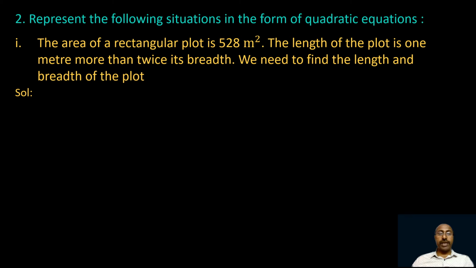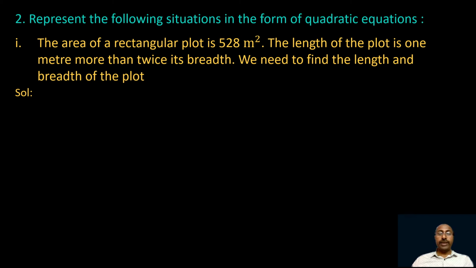So in this question, it is given that the area of a rectangular plot is 528 meters square, and also given that the length of the plot is 1 meter more than twice its breadth. So using these hints, we have to form the quadratic equation, which helps us to find the length and breadth of the plot.